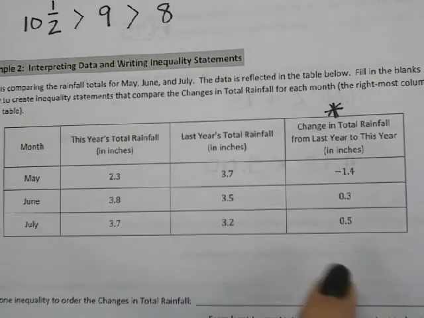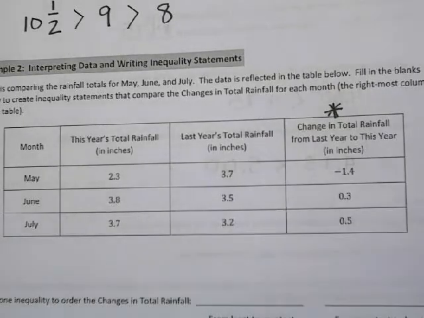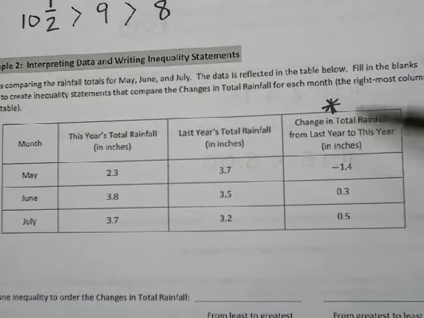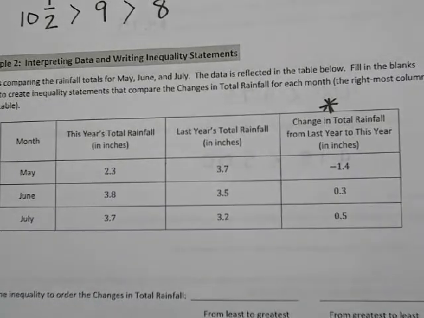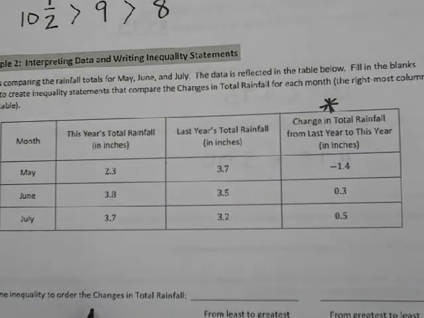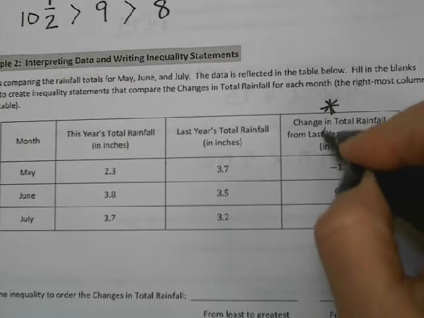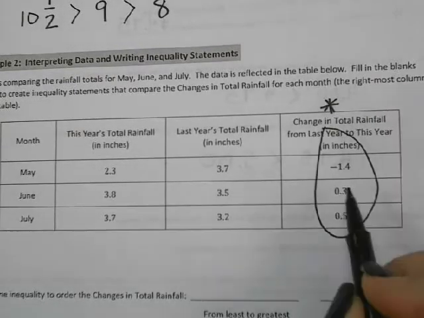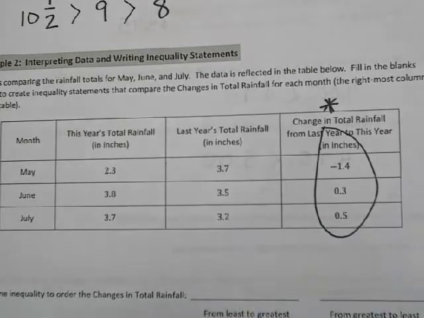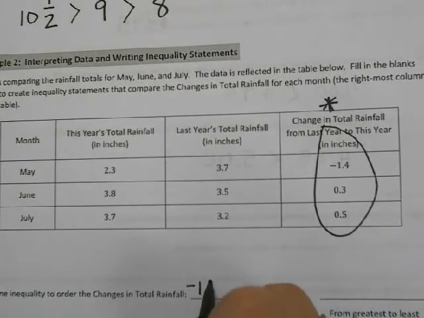We're not going to order these numbers, we're going to order these numbers. You also might notice we have a negative number, a rational number that's negative in our list as well. So it says write one inequality to order the changes in total rainfall. So first I'm doing from least to greatest. So if I'm looking at just these numbers, obviously my least is going to be that negative number. So I'm going to put negative 1 and 4 tenths.